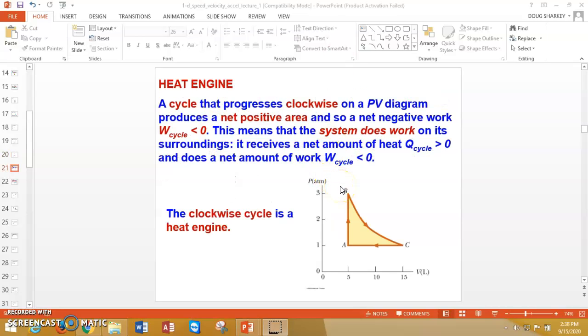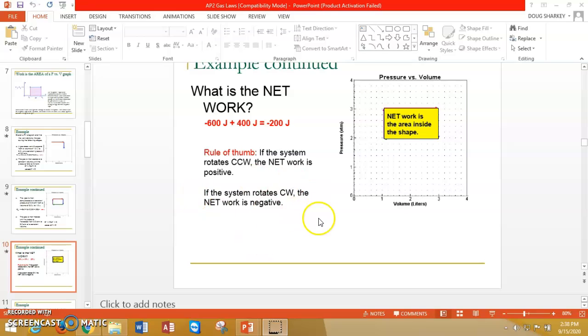So if you have a PV graph and it goes clockwise like this, you should have negative work. This is what happens when you have something called a heat engine, and this fits with my prior notes. We said that if the system rotates clockwise, we get a net negative work.